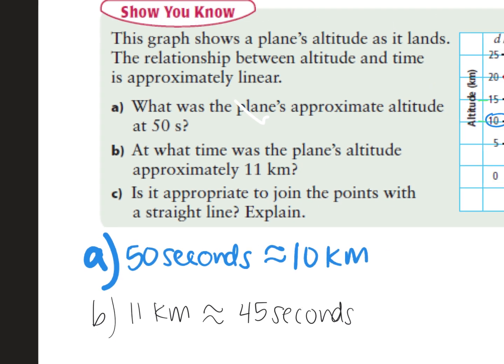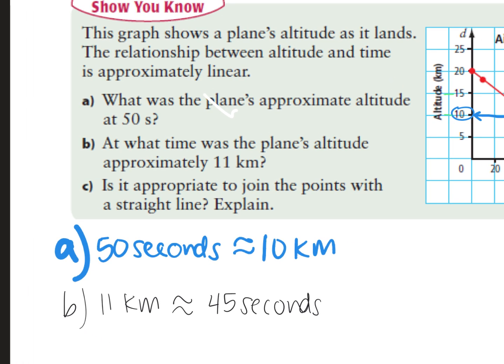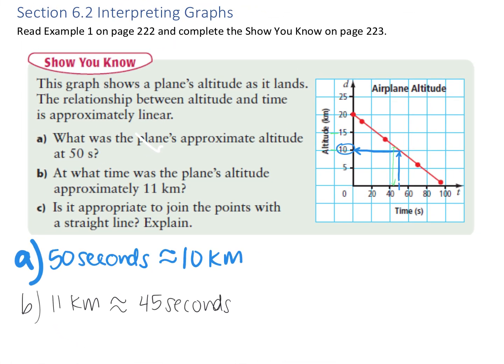Okay. C, is it appropriate to join the points with a straight line? Yes. Again, when we look at determining whether or not things should be joined by a straight line, we want to think about, is there a reasonable context or situation where the data points in between the given plotted points would be considered to be valid?